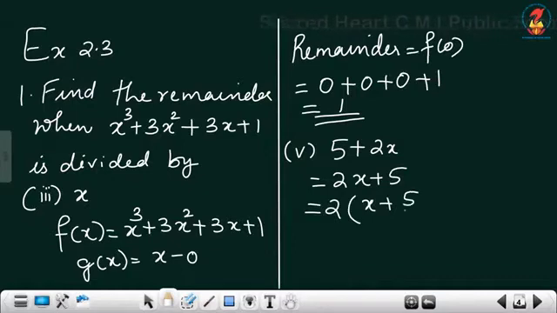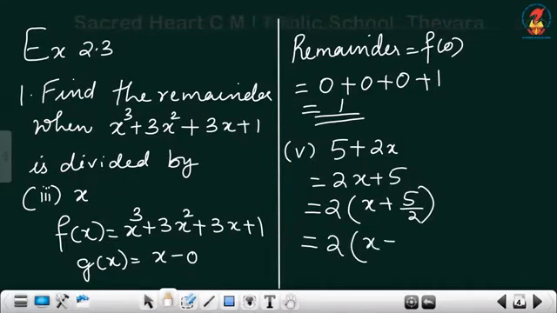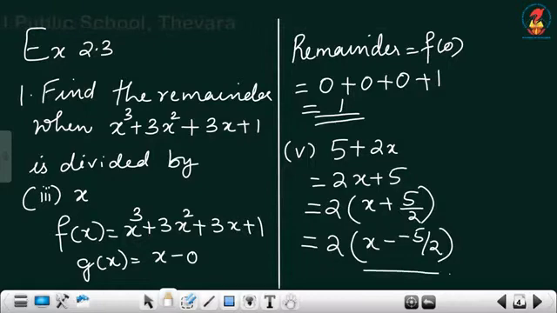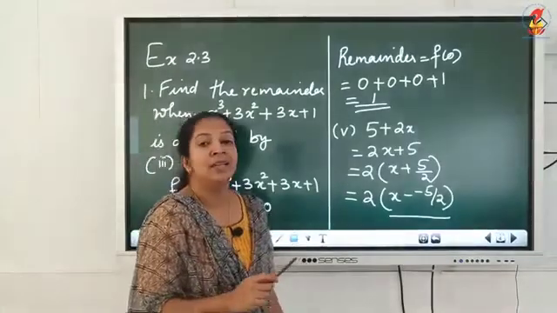So, x plus 5 by 2, which we can write as 2 into x minus minus 5 by 2, because we should get it in the form x minus a. So, this is the linear polynomial. So, x minus of minus 5 by 2, that is the linear polynomial. So, the remainder is f of minus 5 by 2.